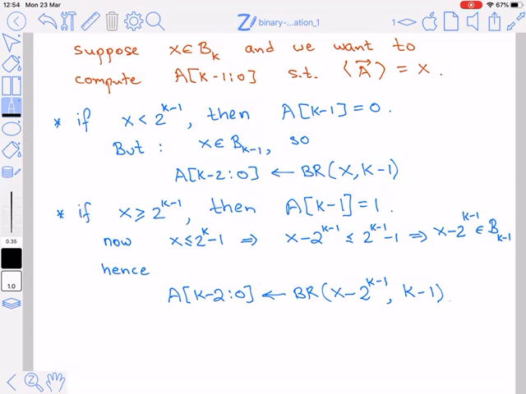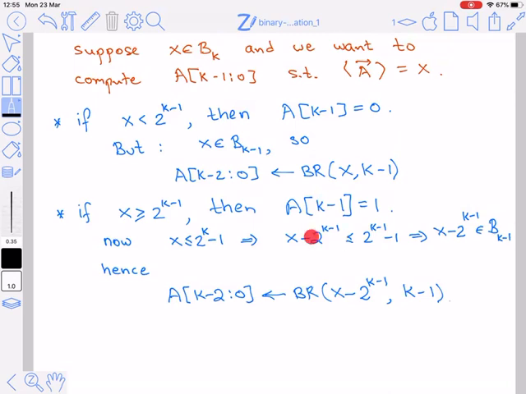On the other hand, if x is big, at least the threshold 2 to the power of k minus 1, then our claim tells us that the most significant bit of a should be 1. Now we know that originally x is not too big because it's in bk, so x is less than or equal to 2 to the k minus 1. That means that if we subtract 2 to the power of k minus 1 from both sides, we get that x minus 2 to the k minus 1 is less than or equal to 2 to the power of k minus 1 minus 1.